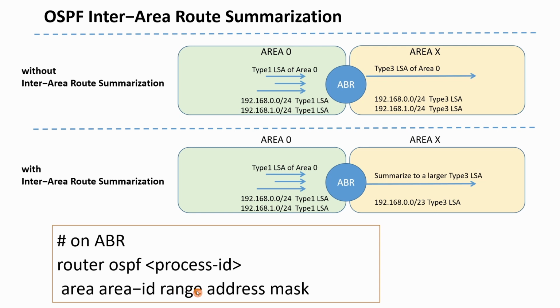After the keyword range, you put the address. For this case, the address should be 192.168.0.0, and the mask. For this case, the mask is 255.255.254.0. So this is the summarize command. Okay, let's go next.